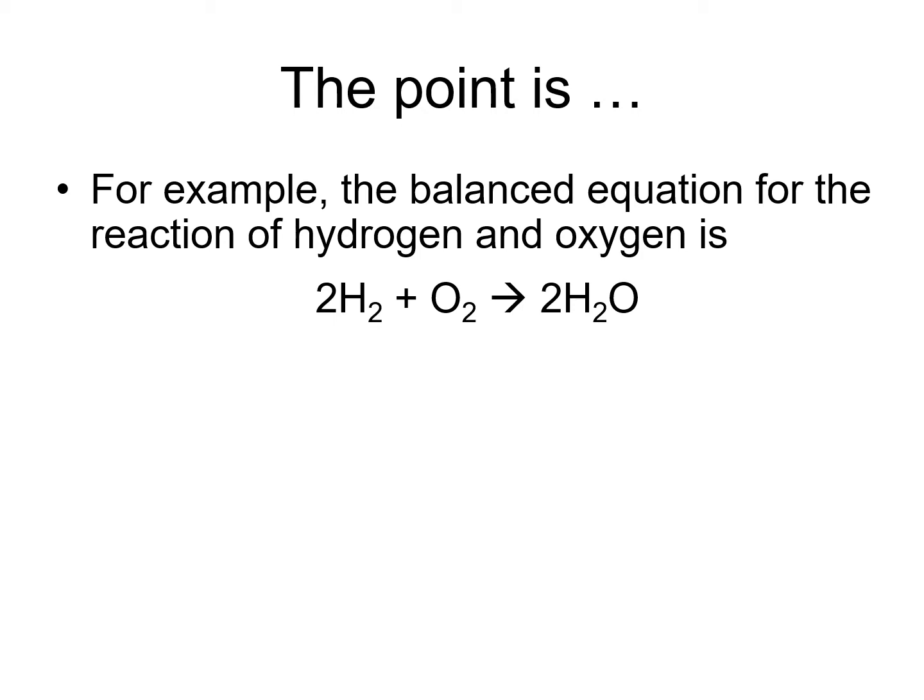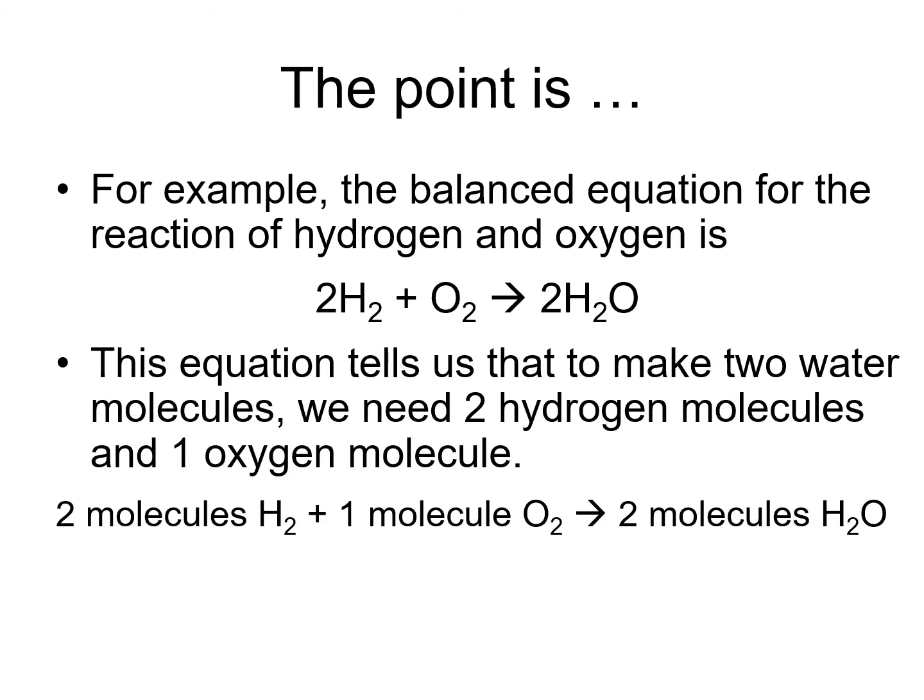It shows hydrogen and oxygen reacting to form water. And if you read this on a molecular level, what this equation tells you is that 2 molecules of hydrogen gas, H2, and 1 molecule of O2, there's no 1 coefficient, but it's implied, react together to make 2 molecules of H2O.